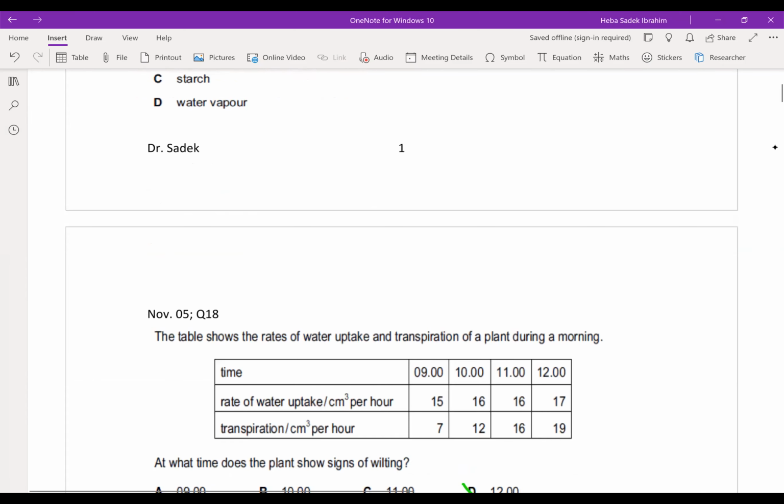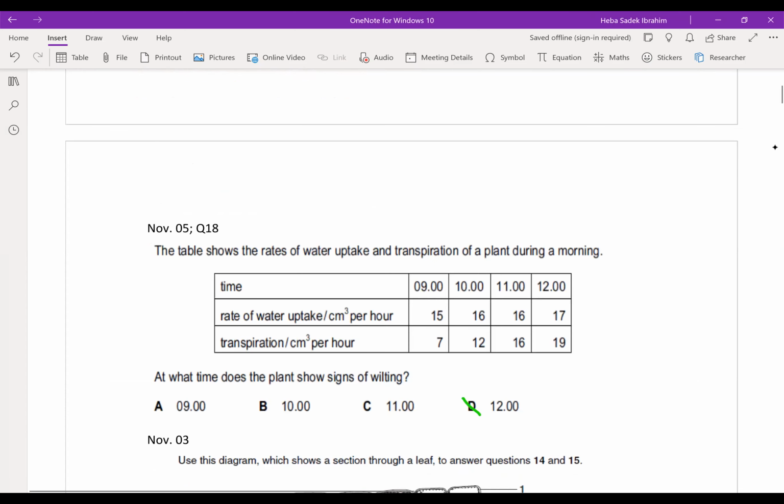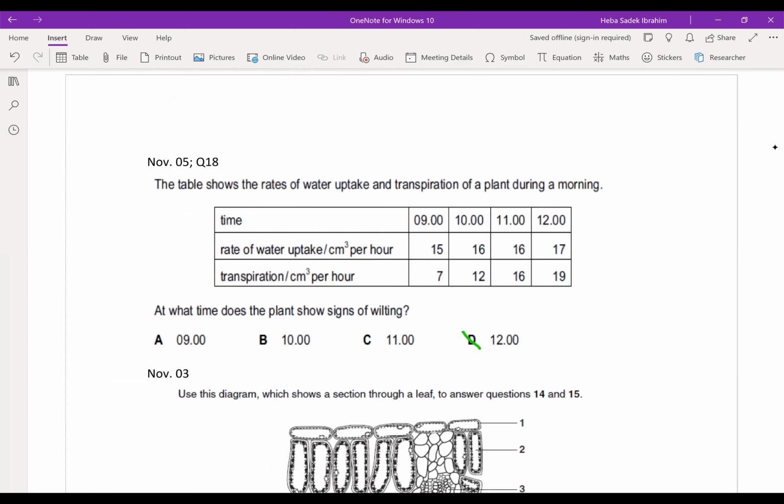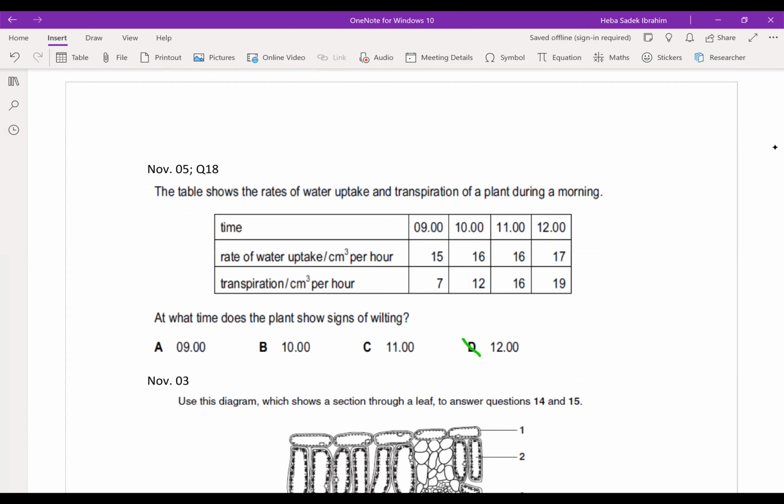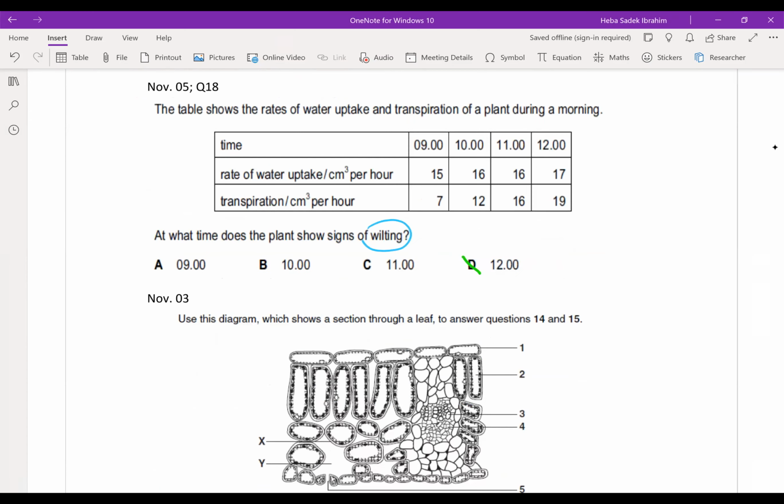The table shows the rate of water uptake and transpiration of water in a plant during the day. At what time does the plant show signs of wilting? Signs of wilting mean that the uptake is less than the transpiration.